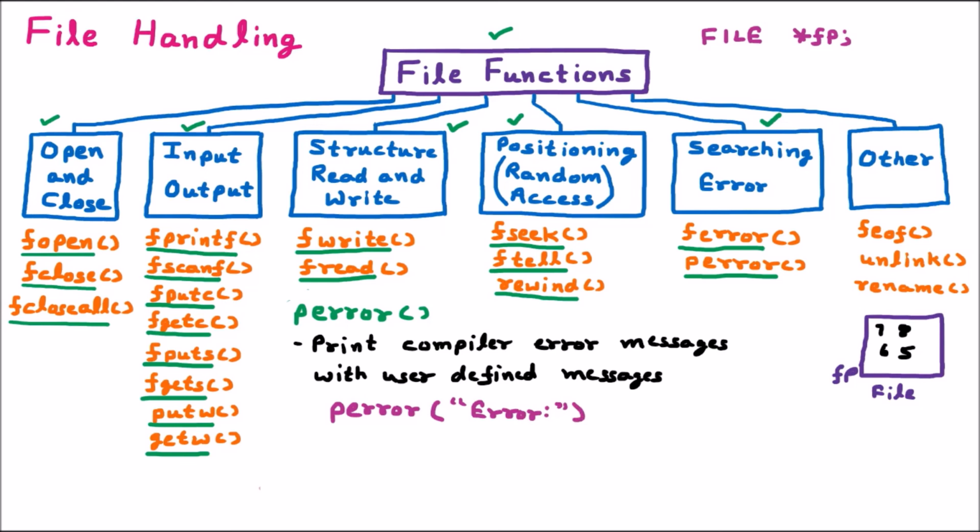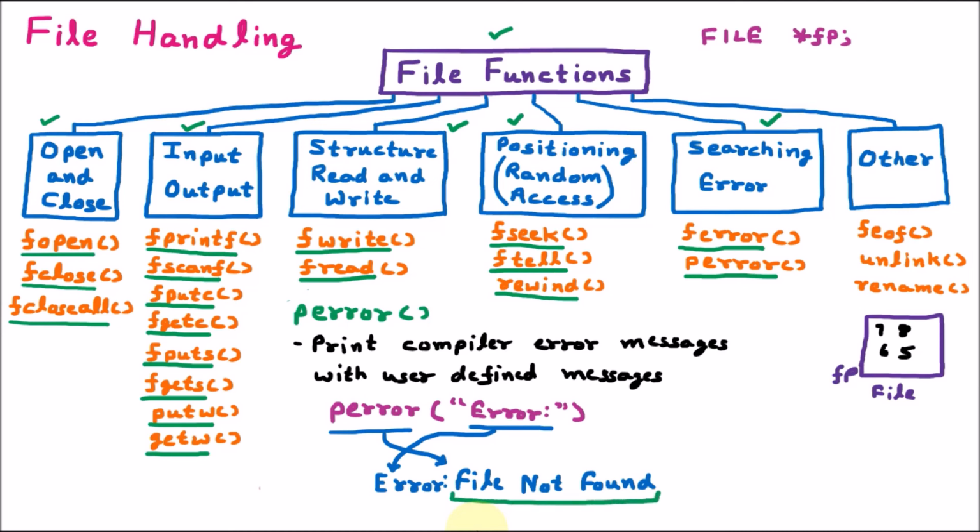So here assume that by perror we got the error, maybe that file not found. So this is the compiler error. Now before that it also provides the customized message which we have given. So this error will be coming before that. So here we can see that file not found.